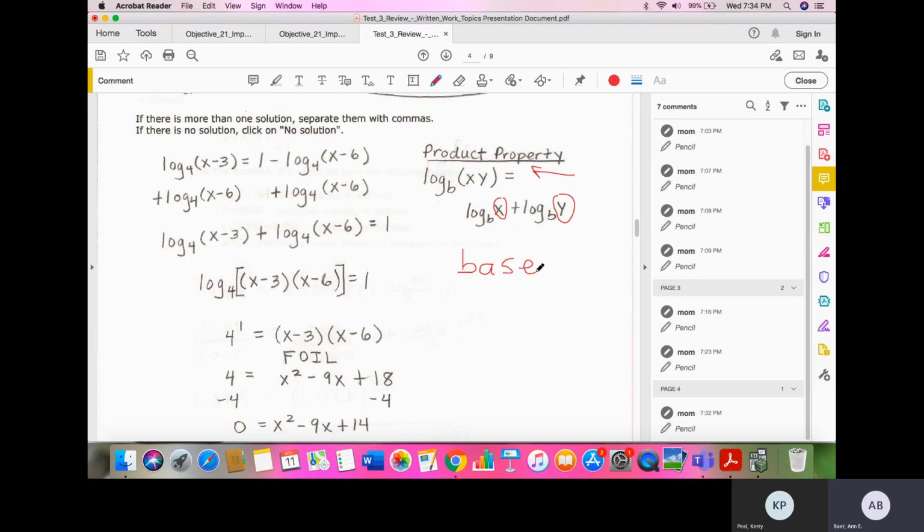A single log is an exponent. A log is an exponent. So we're going to get the exponent next.